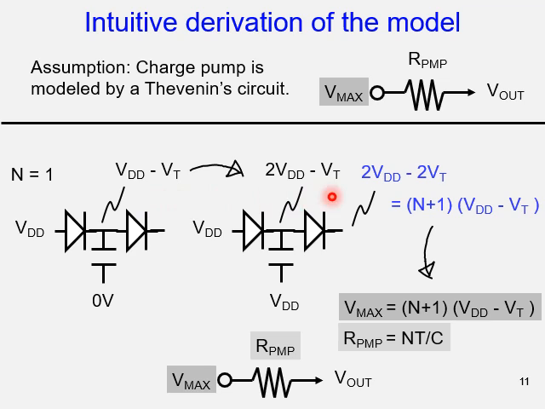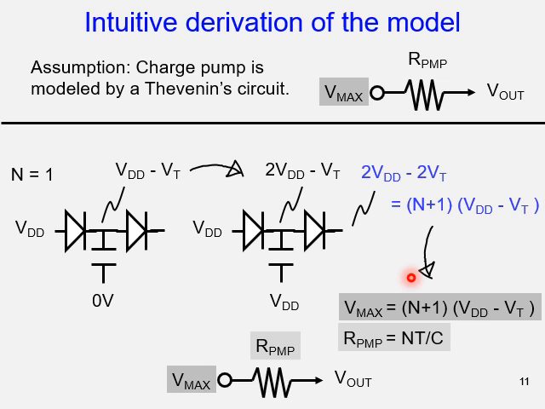If you imagine that this procedure can be executed to an arbitrary number of stages, then this factor 2 should become N plus 1 for an N stage charge pump circuit, because it is easy to recognize that the maximum output voltage is this value, because each diode gives a voltage gain of this amount of voltage, and the number of diodes is N plus 1.